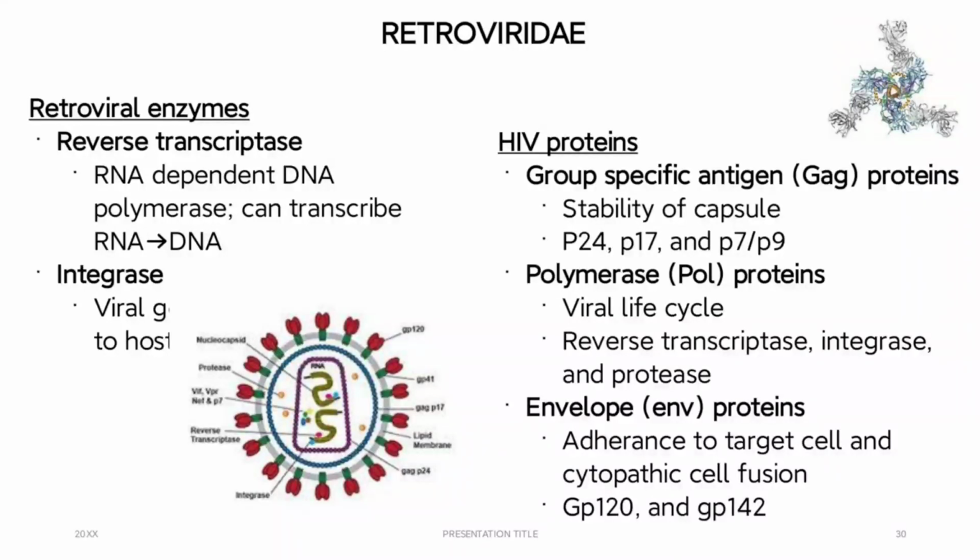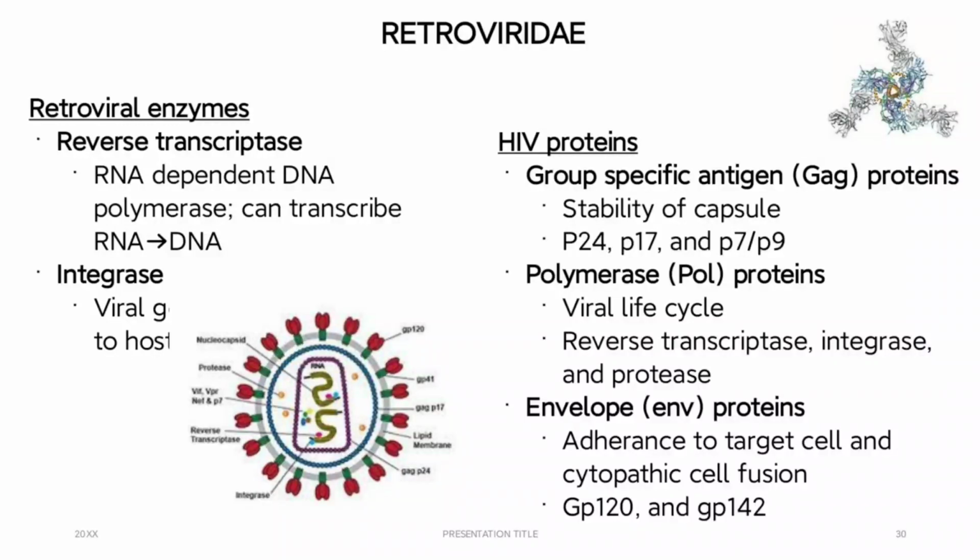Remember that, no? The proteins for the stability of the retroviral capsid: P24, P17, P7/P9. Next, we have the polymerase or Pol proteins. This is essential for the viral life cycle. So, it includes reverse transcriptase, integrase, and proteases.